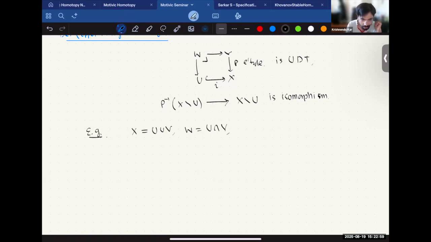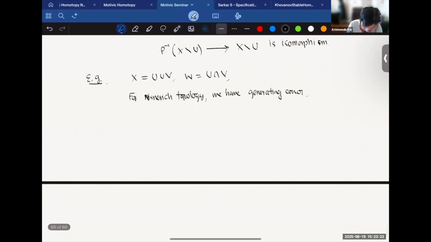You have the generating covers for the Nisnevich topology, which are of the form of an open embedding and an étale map, and P inverse of U, this is your W. This will fit into your upper distinguished square.